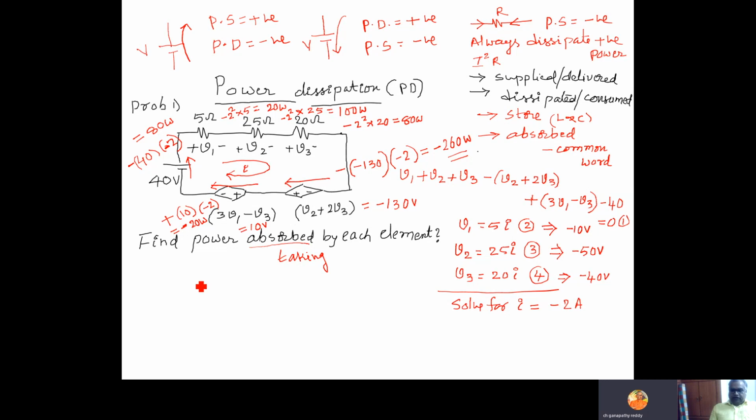If you find the summation, what is the total power absorbed? Total power is minus 260, then minus 20, plus 80, and 20, 100, then 80.